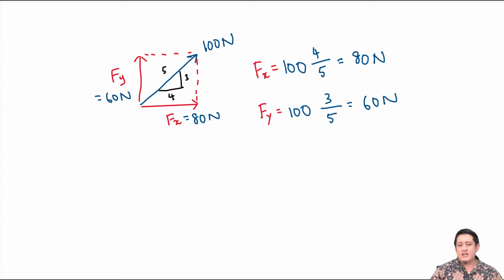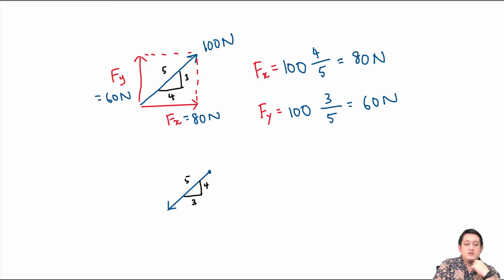Let's try to do another question. Let's say the direction of the force is like this, downwards. And let's say we have the same triangle. Let's say this one is 4, this one is 3, and of course this one will be 5.